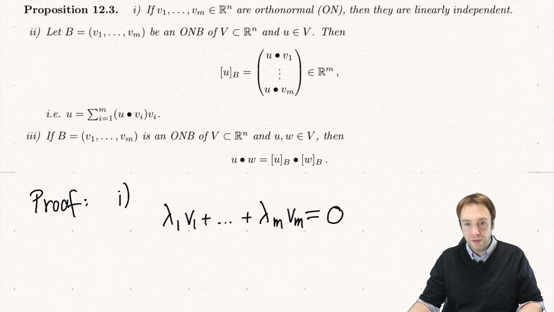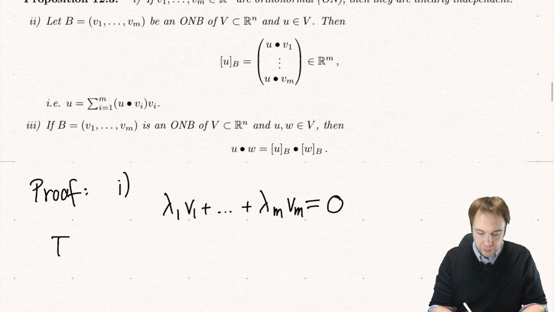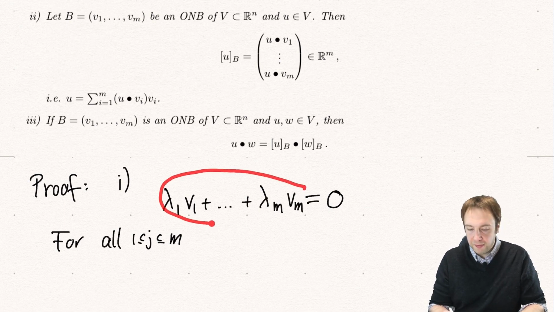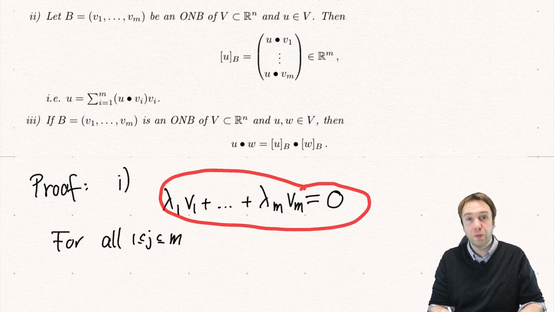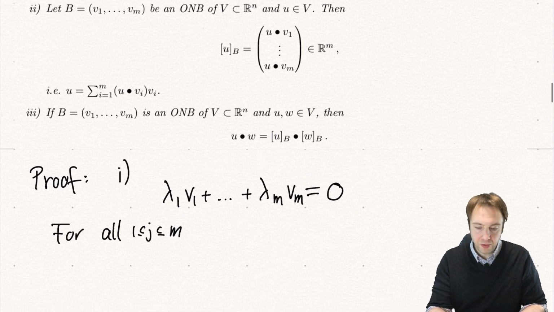So for all j between 1 and m, we can multiply this equation on both sides with one of these vj's. By multiplying I mean taking the dot product.